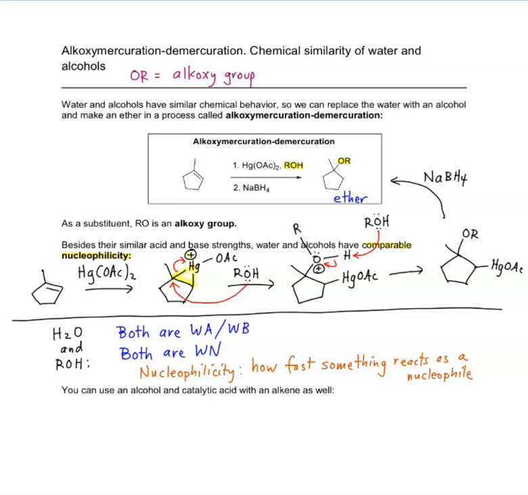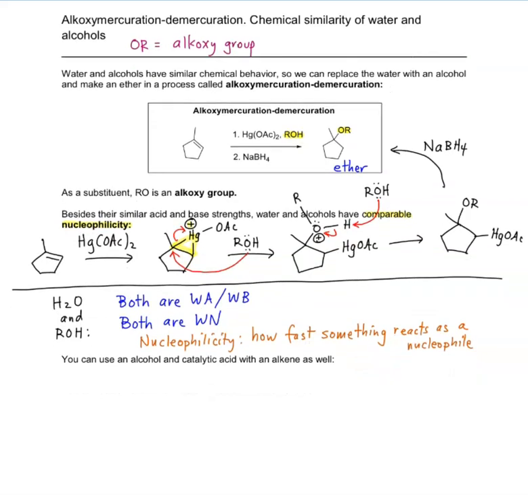Understanding the chemical similarity of water and alcohols means that in most cases, anytime you have a molecule of water in a reaction, an alcohol could do exactly the same thing, and vice versa.